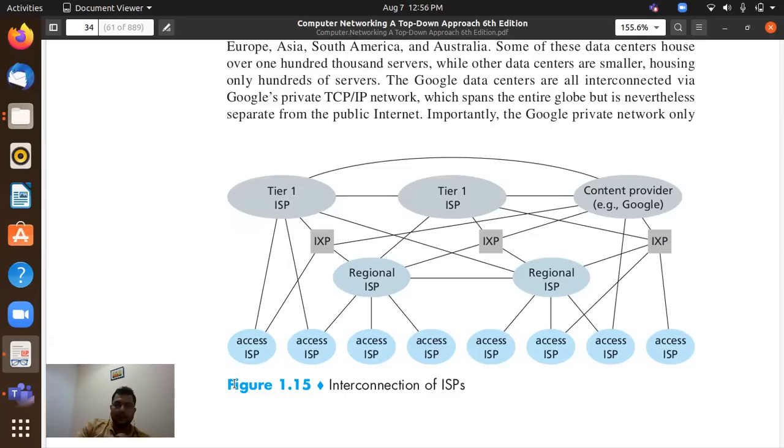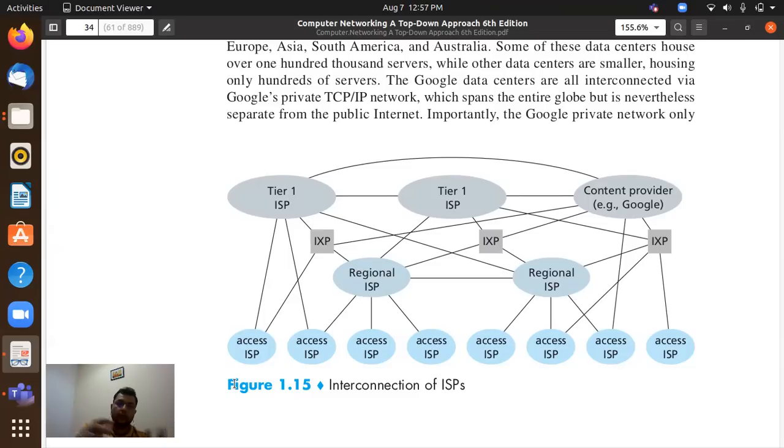One thing is that all these institutes will set up a line and interconnect themselves, so one institute will interconnect with n minus 1, and likewise all will connect with all other institutes.